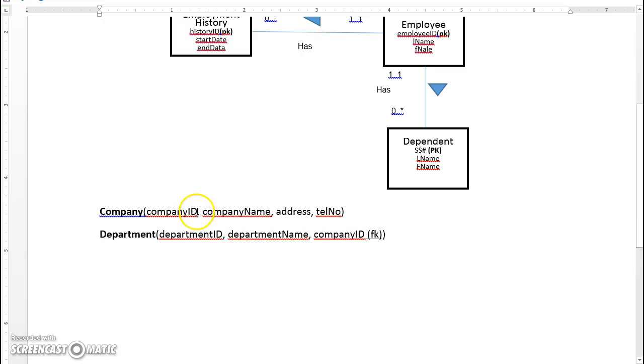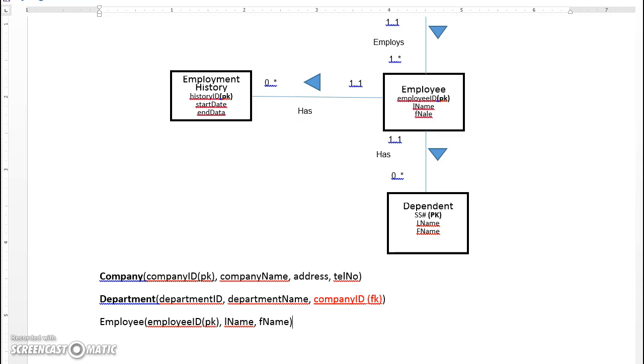So actually company ID is a PK in the company table, but is a foreign key in the department table. So what we did is add a foreign key, which is the primary key of the one side. So that is for the one-to-many situation.